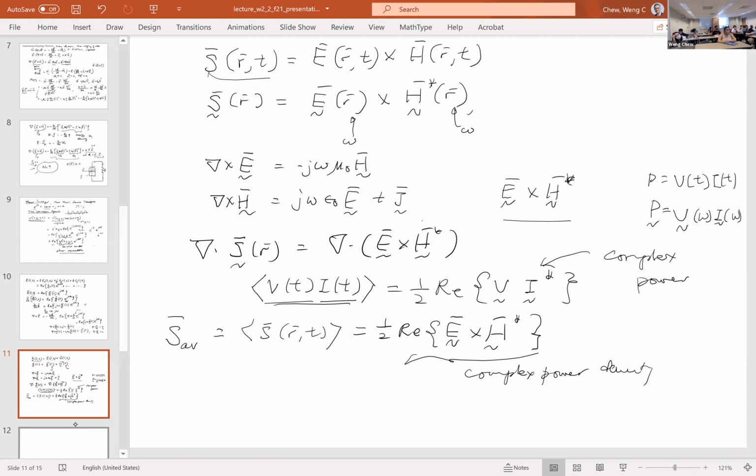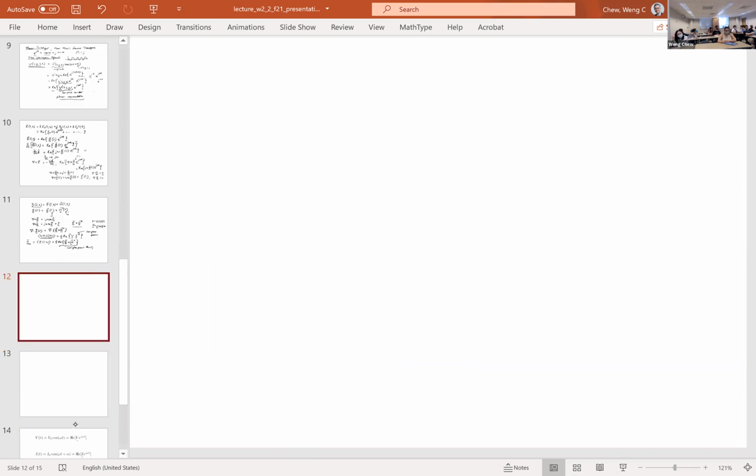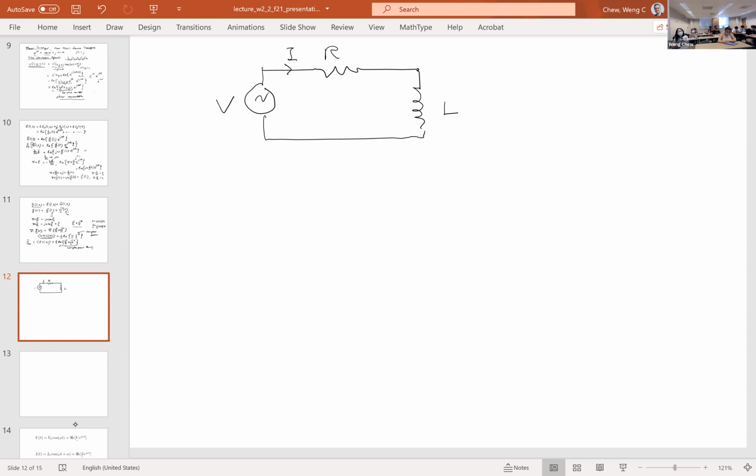Okay, so I can illustrate a very simple case of a simple circuit. If I have a resistor and an inductor, in this circuit, the current I and the voltage V are out of phase. And let's assume that these are all phasors.